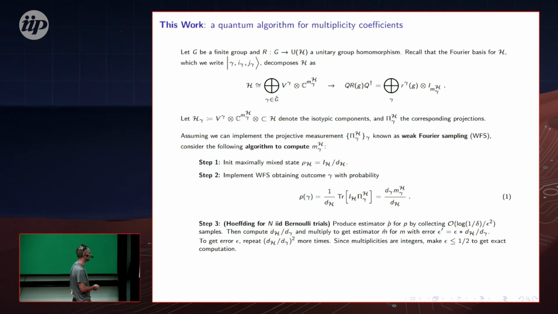And therefore you can work it out. So the sampling cost will depend on the dimension of the ambient rep H over the dimension of the irrep, squared, because you're sampling. I mean, you can probably make this better if you do amplitude amplification. You can probably remove this factor, but we didn't care about that here.